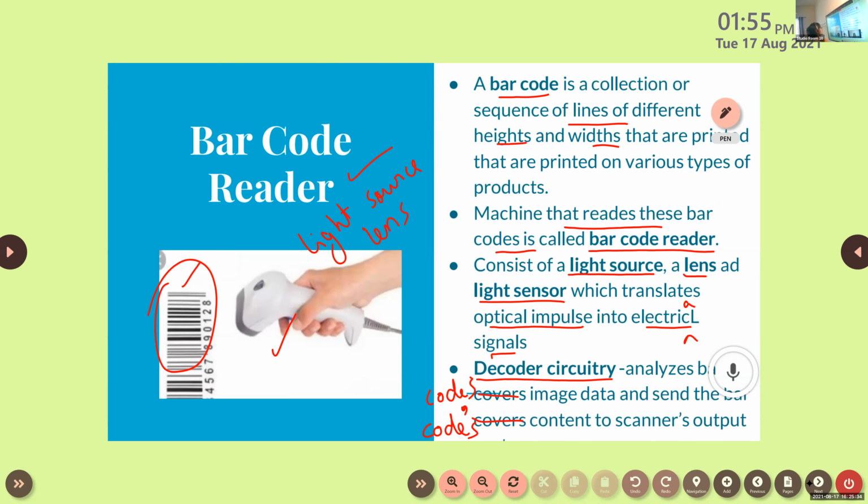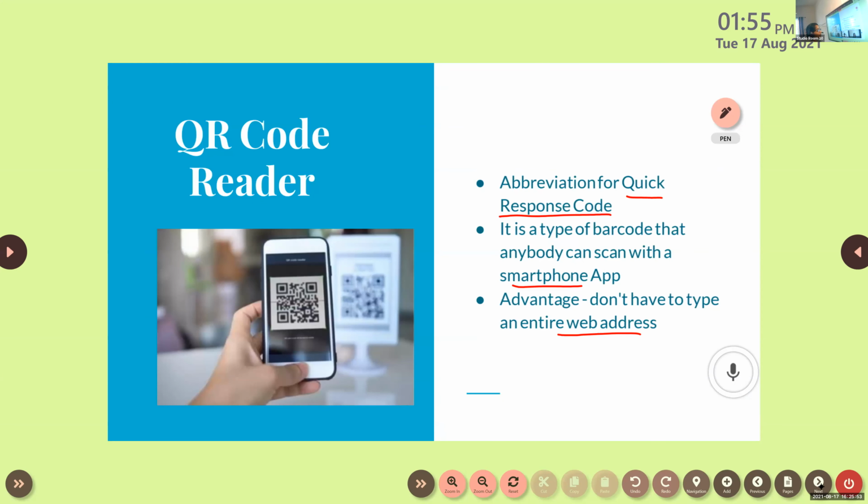Then this is barcode reader. What is barcode? It is a collection of lines of different height and width, isn't it? You can see this in various products. The machine which is used to read this barcode is known as barcode reader. Next, QR code reader. QR is also abbreviated as quick response code.